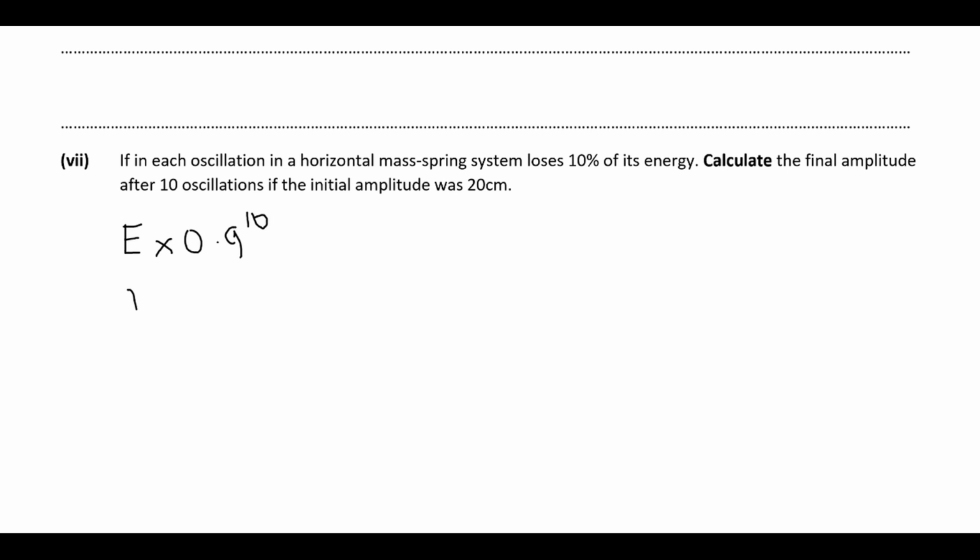Now, energy is proportional to amplitude squared, which means that the amplitude has been multiplied by the square root of 0.9 to the 10. If amplitude squared overall gives you a change of 0.9 to the 10, each of the amplitudes must be multiplied by the square root of 0.9 to the 10. So we take 20 centimeters times the square root of 0.9 to the power of 10.